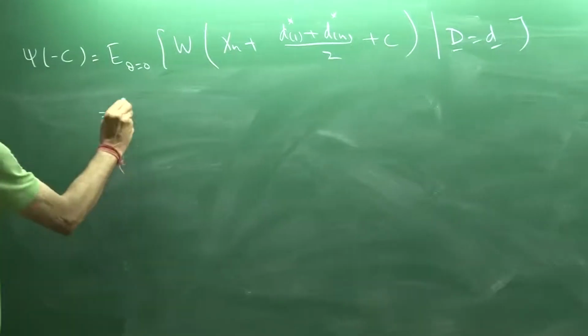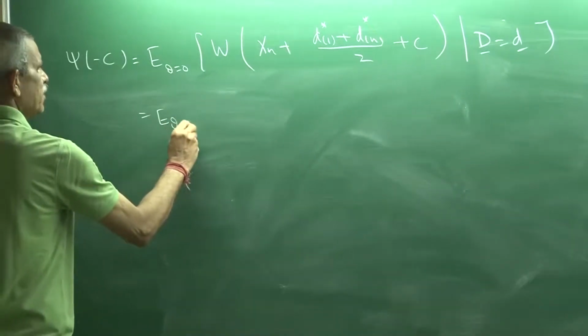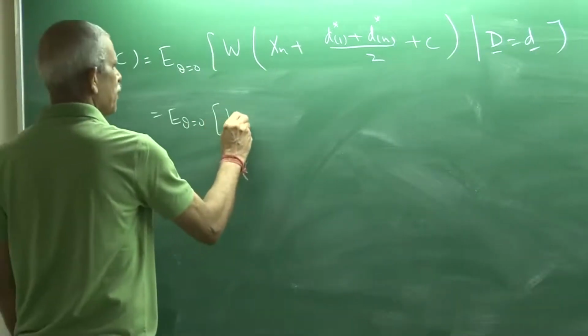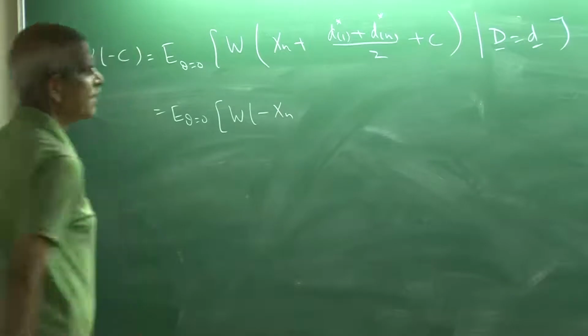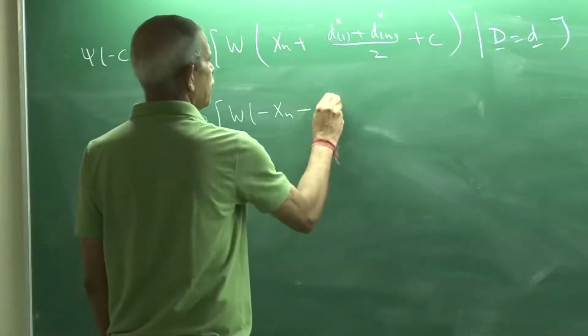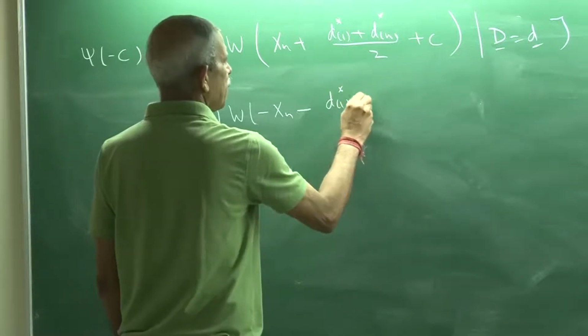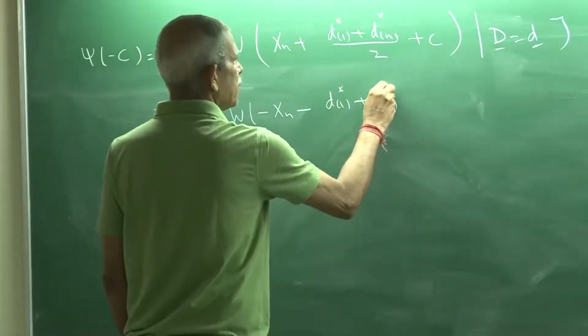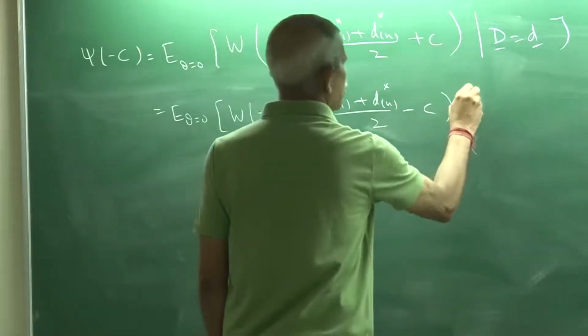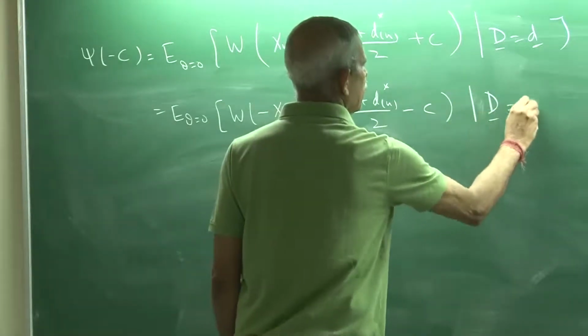But w is given to be even, so this is the same as, under theta equal to 0, w of minus xn minus (d1 star plus dn star) by 2 minus c, given D is equal to d.